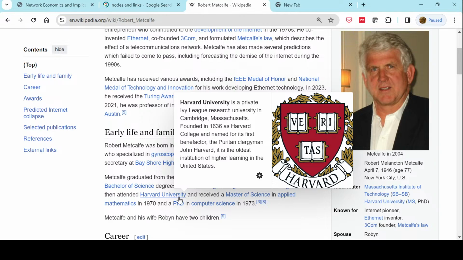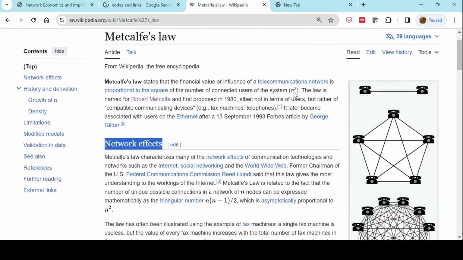N is the users, or the buyers, the purchasers, the consumers of the same product. So the law is named after Metcalfe, albeit not in terms of users, but rather of comparable communicating devices at that time.